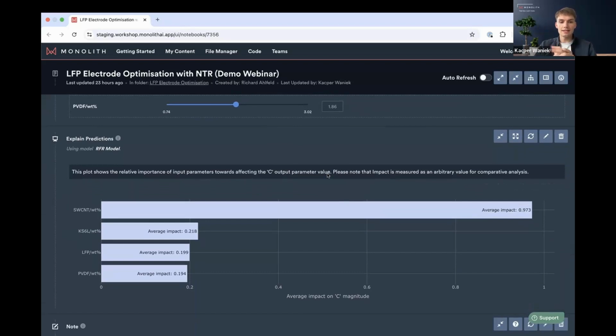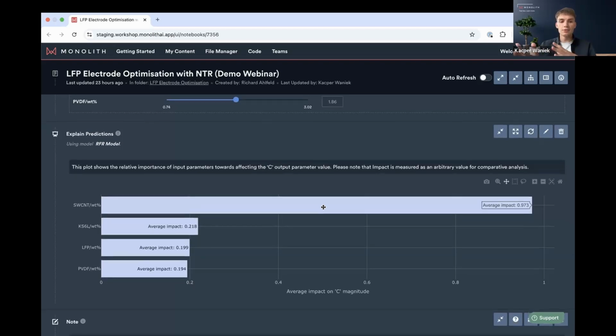So if we look at the discharge capacity at 1C, for example, the platform reveals that the SWCNT content is the most influential factor, and that gives us a clear guidance on where to focus for optimization. And all of these tools help us turn the model from a black box into an intuitive, interactive design assistant, helping engineers to explore ideas and make better decisions faster.